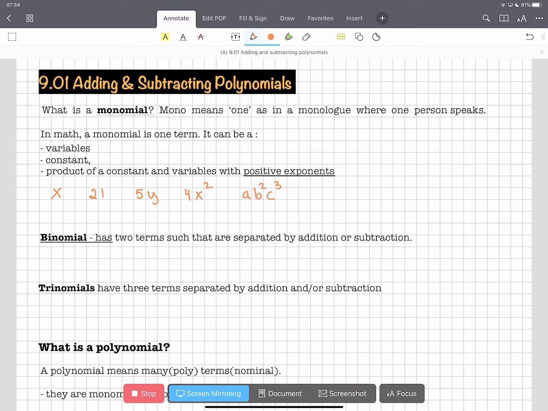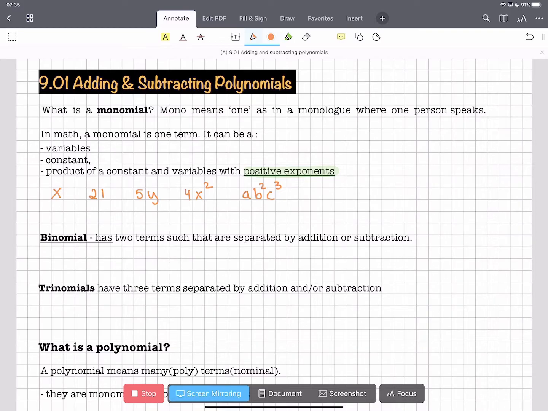Those are all monomials. Now note I said that if there's an exponent, it has to be a positive exponent. Okay, so we'll talk about negative exponents in a bit and what to do then. But those are all examples of monomials.